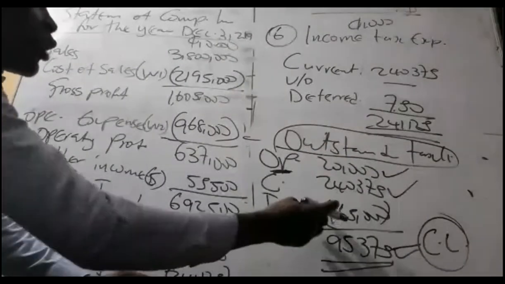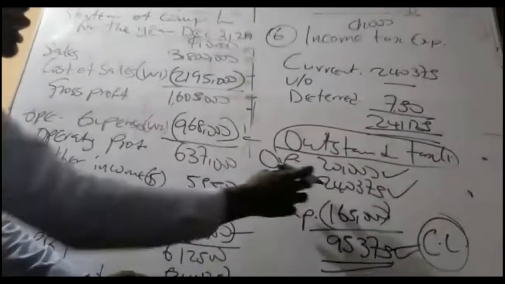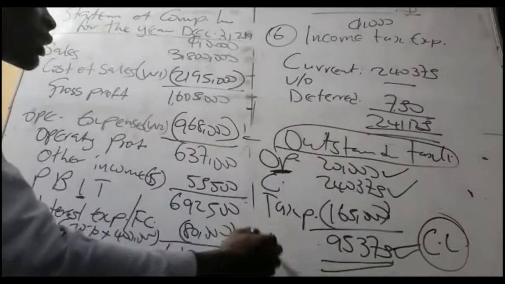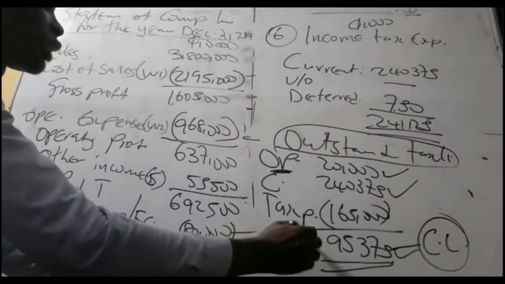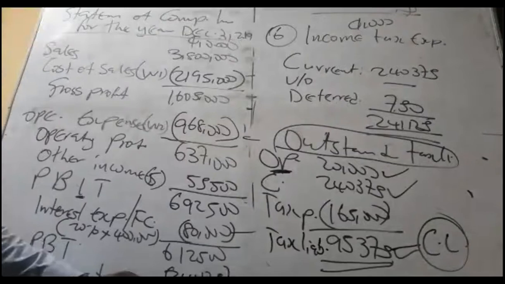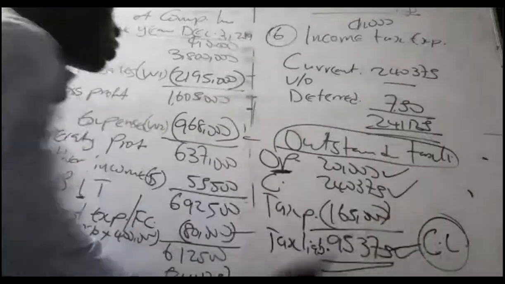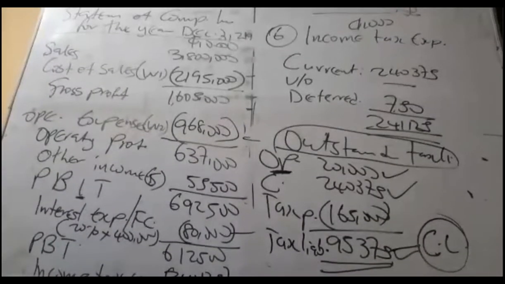But they paid 165,000. Then let's take it from their total. Whatever remains will still be tax liability, which will go to the current liability. So add it to the current liabilities. Perfect.